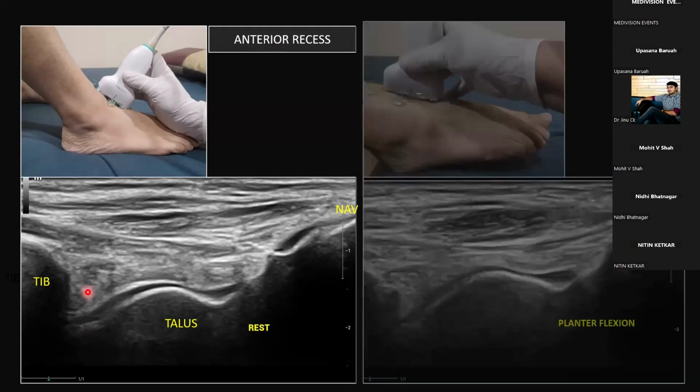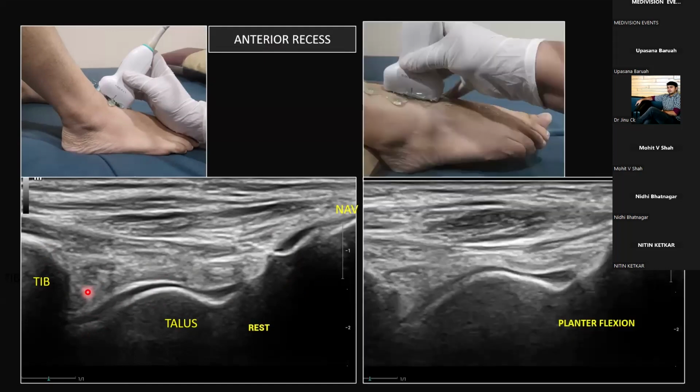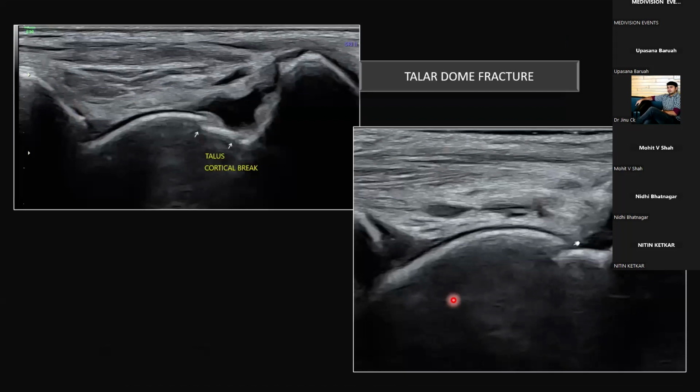We can do it in plantar flexion, which will expose about 80% of the talar dome, and we look for any injury to the talar dome or the overlying cartilage, or any effusion.